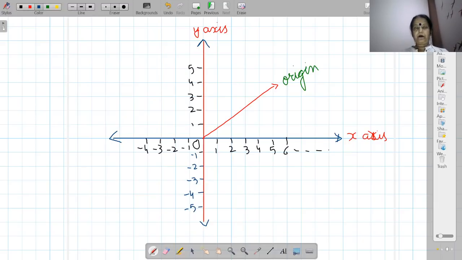Now, the x-axis is also called abscissa, and the y-axis is called ordinate.